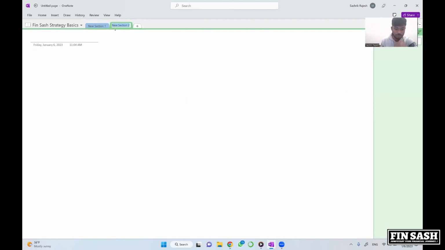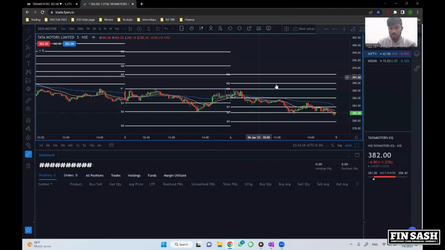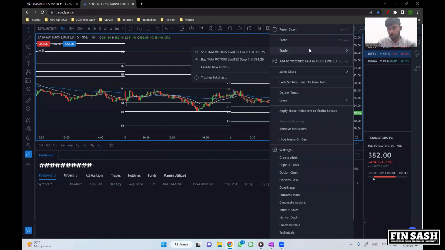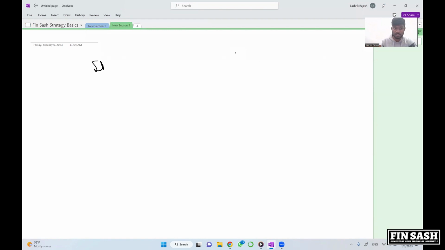Let's take another example. So if you guys noticed here, there's already an option to sell Tata Motors, but I don't have Tata Motors in my stock list. So how can I sell them, right? This is where the concept of short selling comes in, right? So in the previous example, I thought Tata Motors is going to go up, so I bought it.